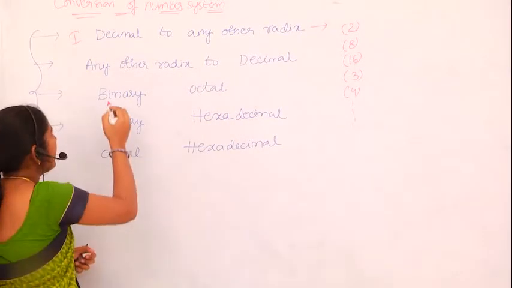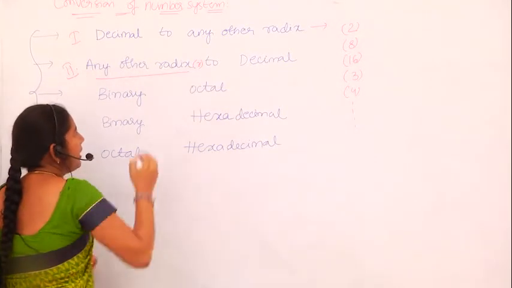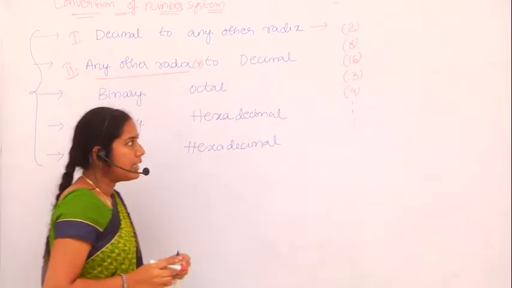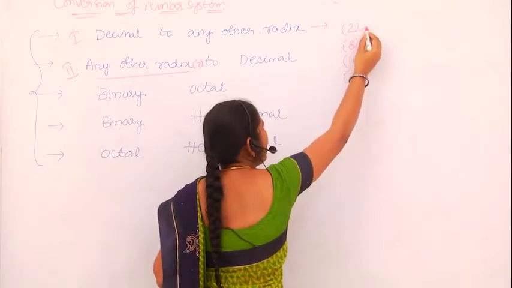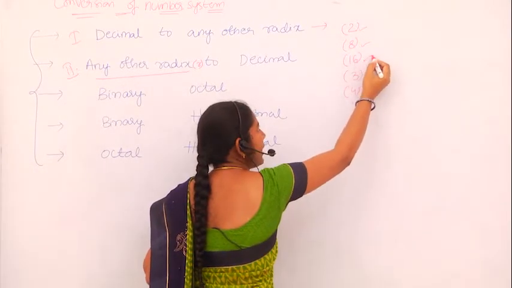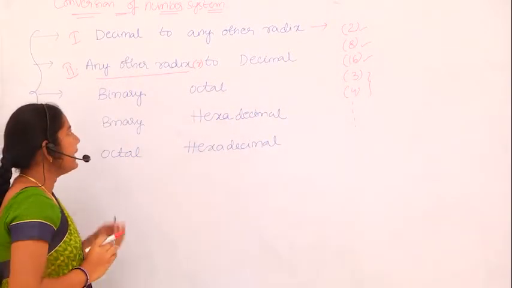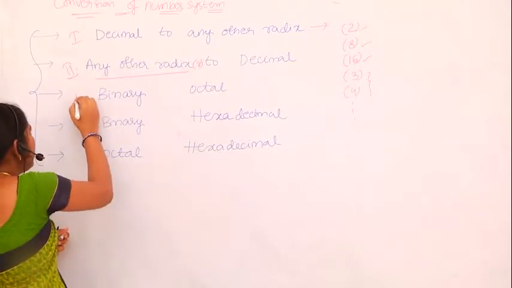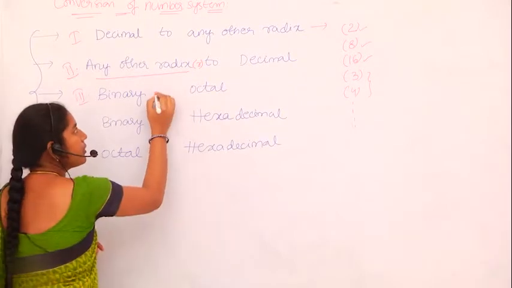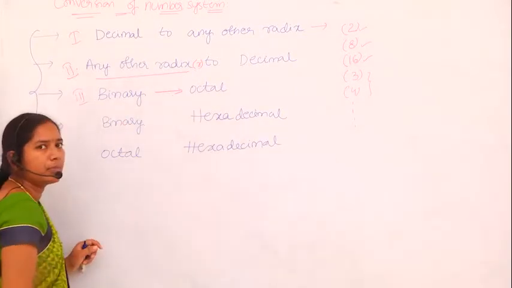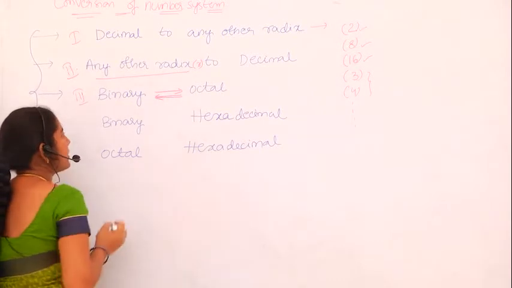The second one is any other radix R to decimal number system. Again, here any other radix means either it may be a binary number system, octal or hexadecimal number system, or whatever it may be. That is our second conversion. I am coming to the third one, binary to octal conversion and octal to binary conversion, vice versa.